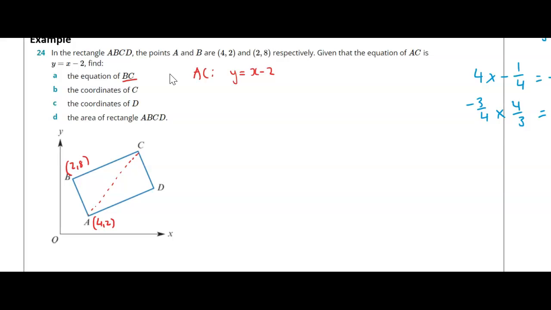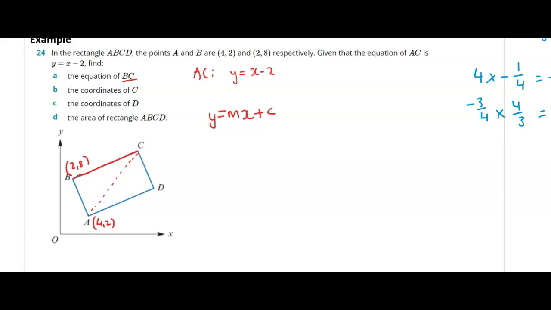I did have to have a quick check of what I thought I was doing. So BC, this line here, we know one point on that line. If we think of a straight line, we have y equals mx plus c. What we need is either two points or one point and a gradient.